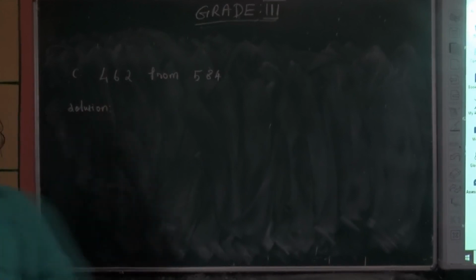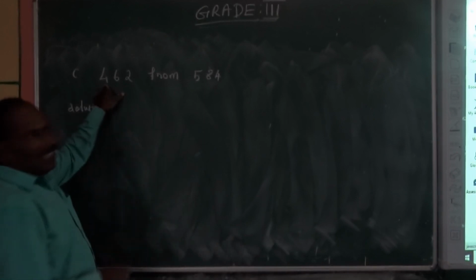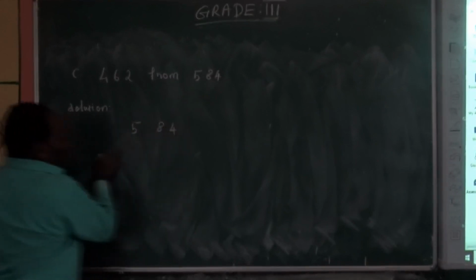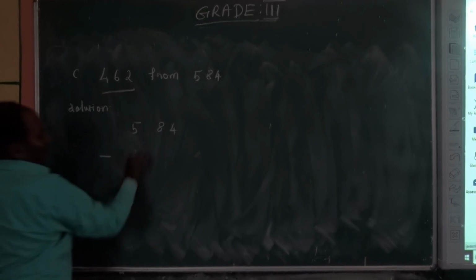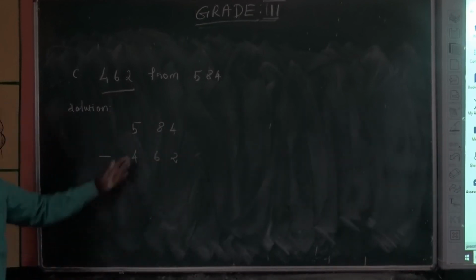First we arrange the numbers vertically. 584 minus 462. Next we write the place values.